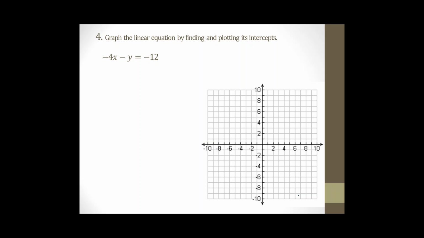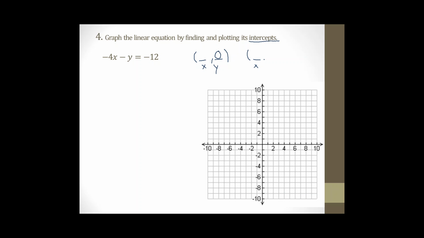Okay, this one is number 4, and it says graph the linear equation by finding and plotting its intercepts. If you are given a linear equation and you are asked for the intercepts, you basically plug in zeros, because for the x-intercept, you know that your y would be 0 and vice versa.